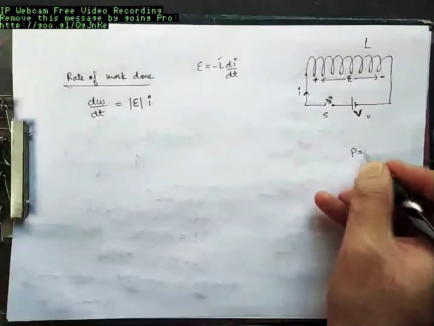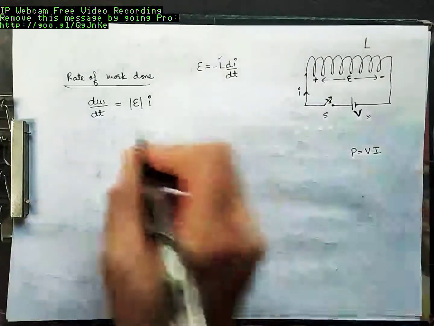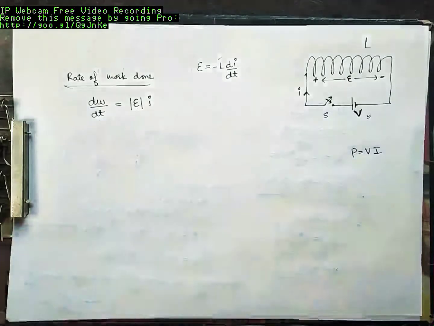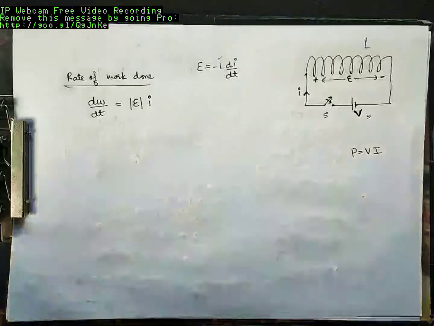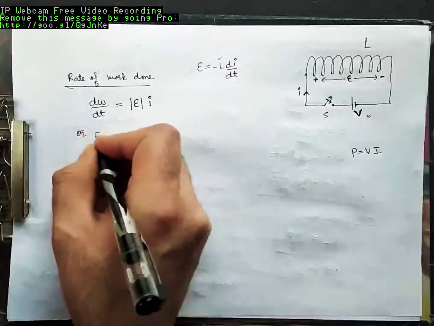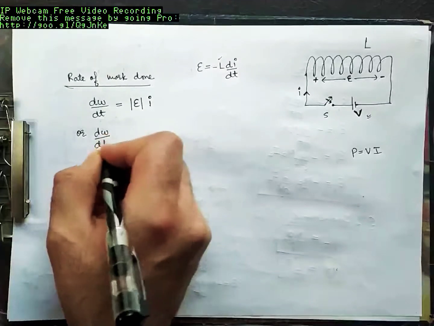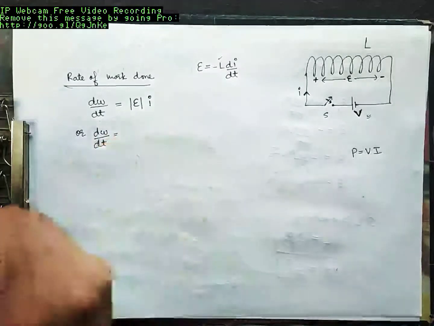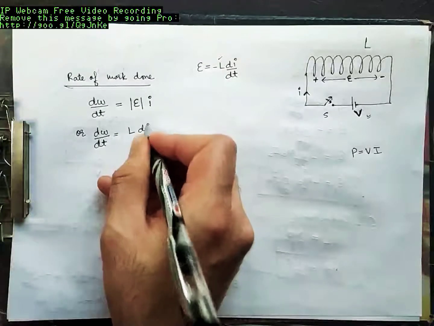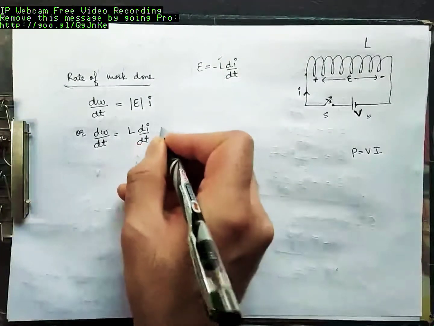Power P is equivalent to V into I. I am using that expression over here, where V is voltage, E is voltage over here, I is current. Or dW by dt, rate of change of work or power, modulus of E is L di by dt, into current I.